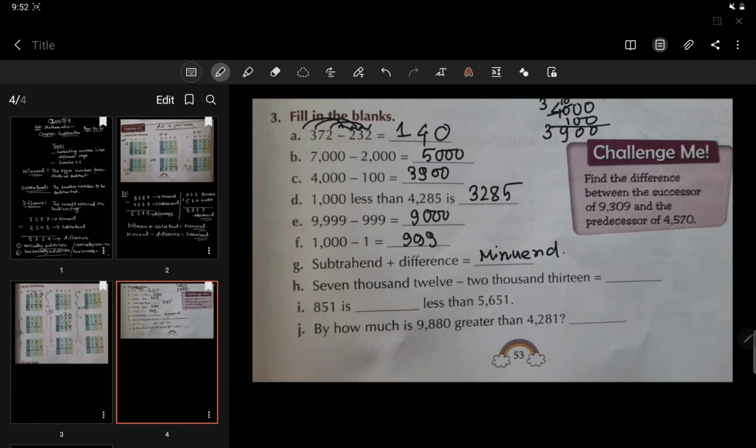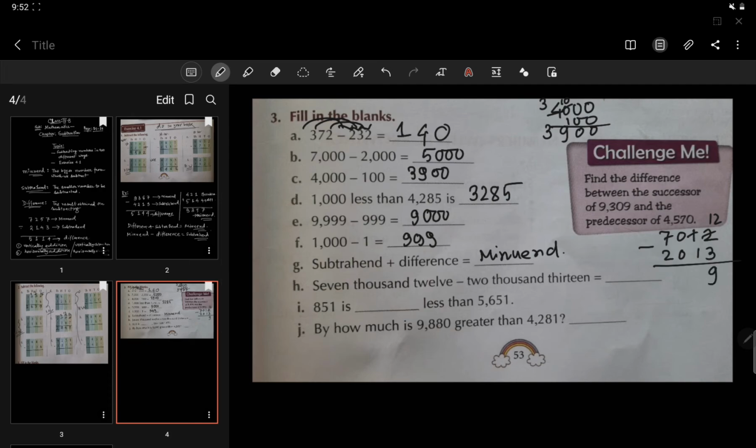7012 minus 2013. So it will be 12, and 12 minus 3 is 9.